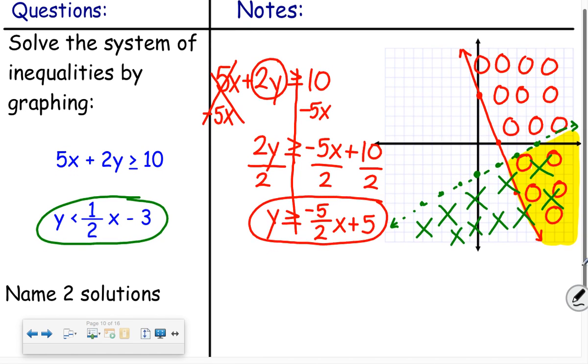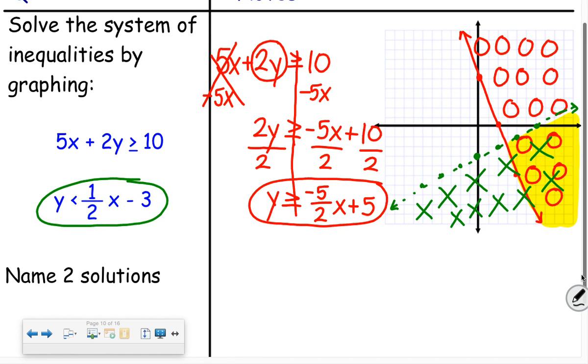So let's name 2 ordered pairs that fell in that area. So if I go over 1, 2, 3, 4, 5 and down 1, 2, that right there would be a solution. So over 5, down 2. And if I went over 6 and down 4, that would also fall in the solution set.